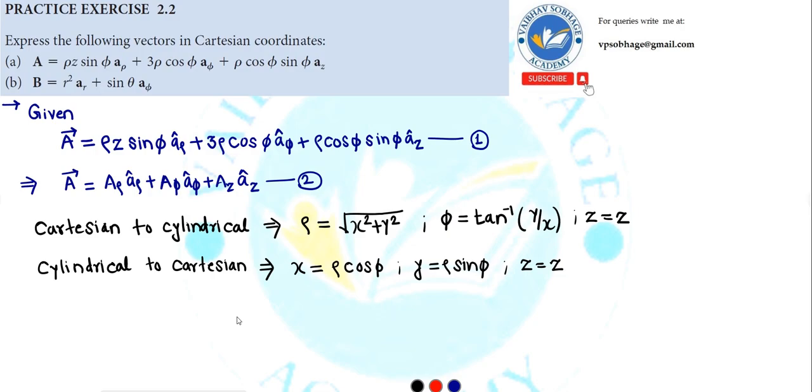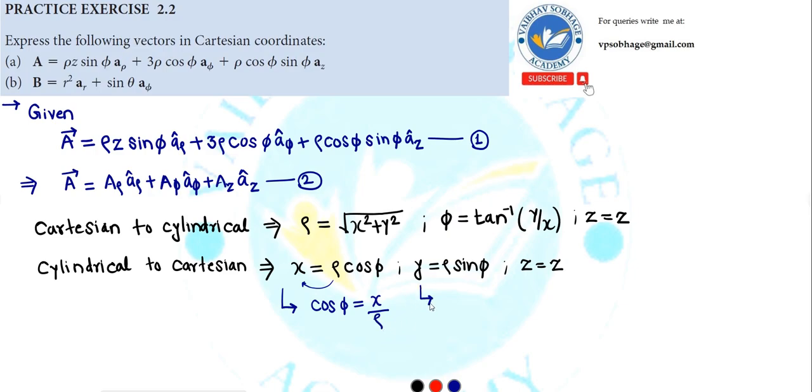From this we can rewrite the value of cos phi. Moving rho to the other side, cos phi is nothing but x upon rho.